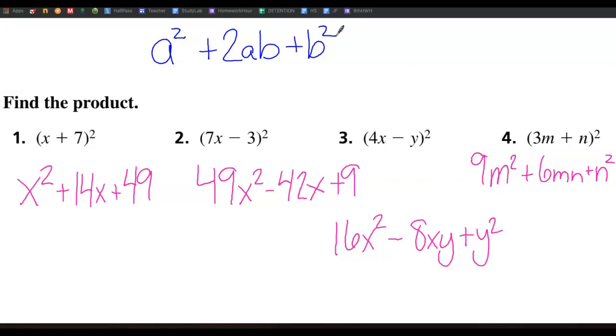I think it's the easiest way to explain this. A plus B squared equals that. Okay? So, let's say that 7 would be my A. And then the negative 3 would be my B. Okay?